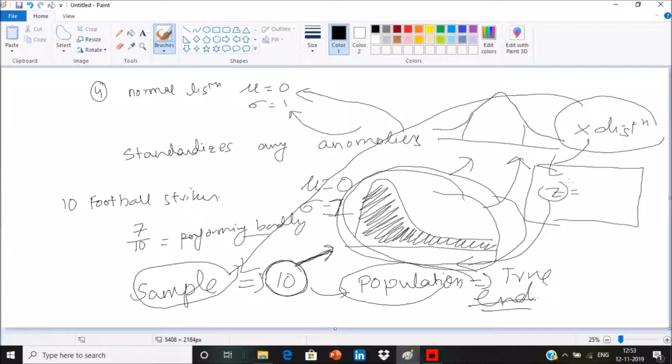So the formula of converting a said x to z is that we subtract the mean of x and divide it by the standard deviation of x to standardize it in such a way that the mean becomes 0 and the standard deviation becomes 1.